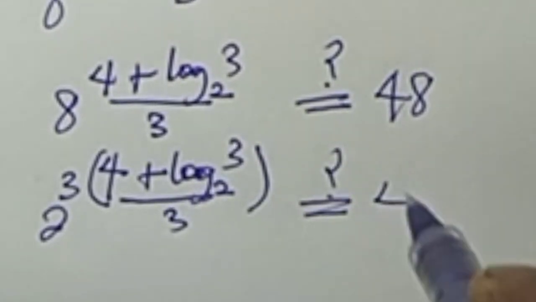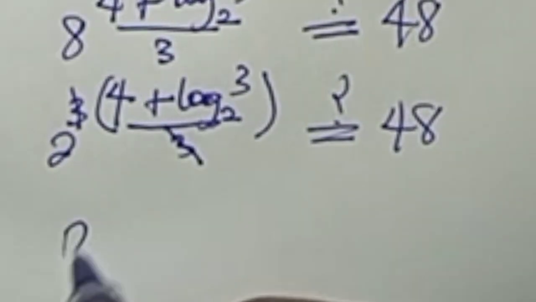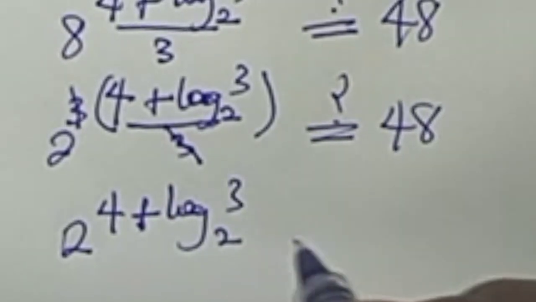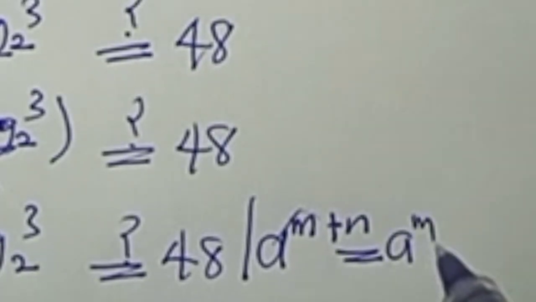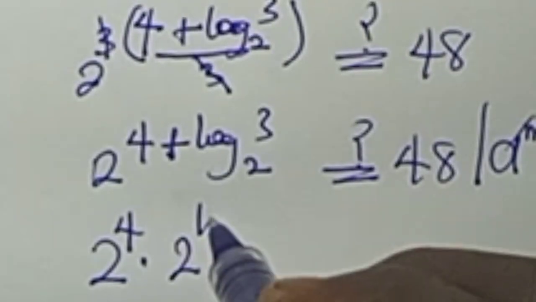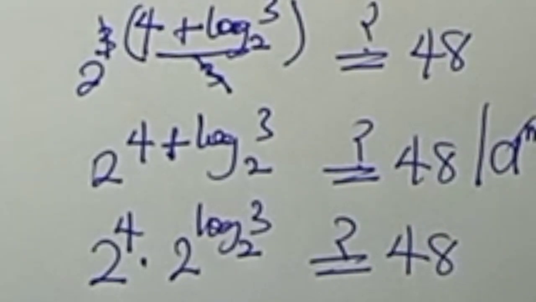Here, 3 cancels out 3, leaving 2 to the power of 4 plus log 3 base 2. But a to the power of m plus n is the same thing as a to the power of m times a to the power of n. So we can write 2 to the power of 4 times 2 to the power of log 3 base 2. Can this actually be equal to 48?